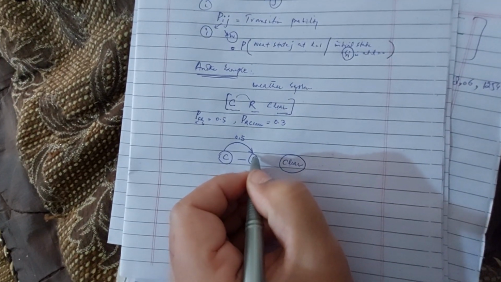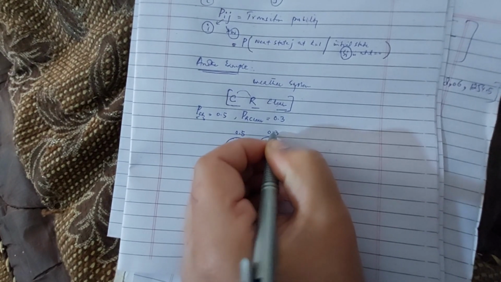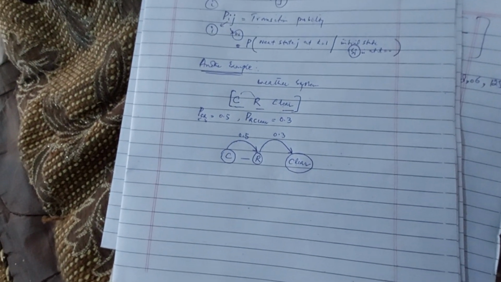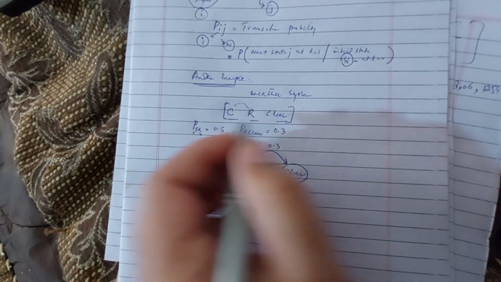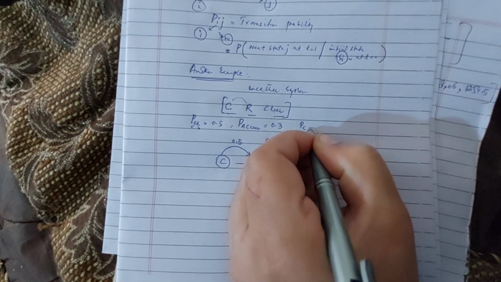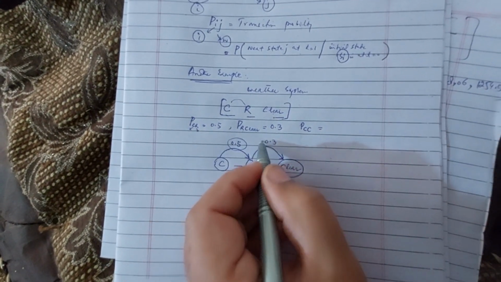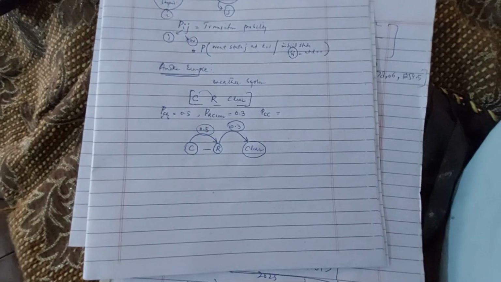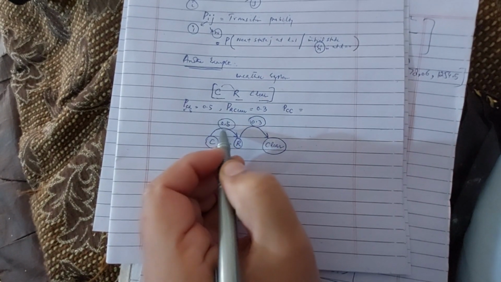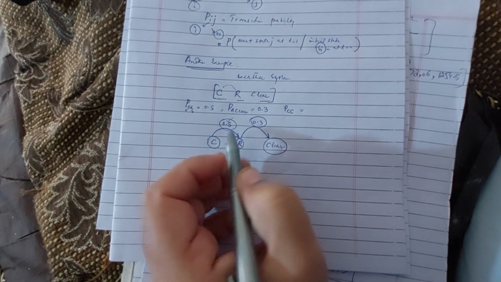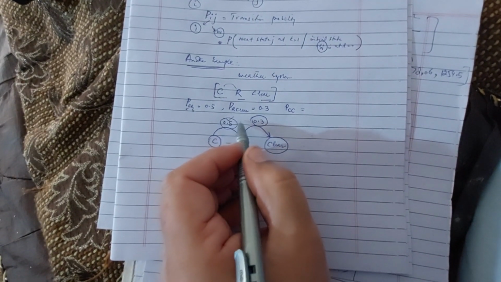Similarly, the probability that it was cloudy and it remains cloudy, PCC, will be equal to, this is 0.5, this is 0.3, so the total probability 0.8 is the total probability that we have right now. 0.5 from cloudy to raining and 0.3 from raining to clear, and we know that the total probability is equal to 1.